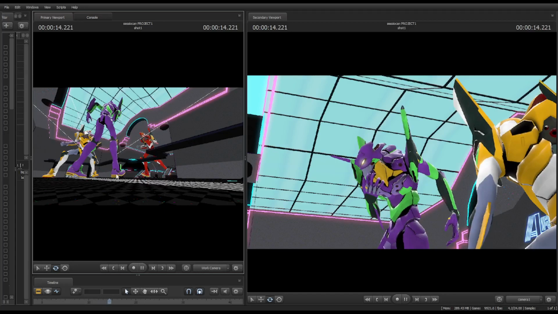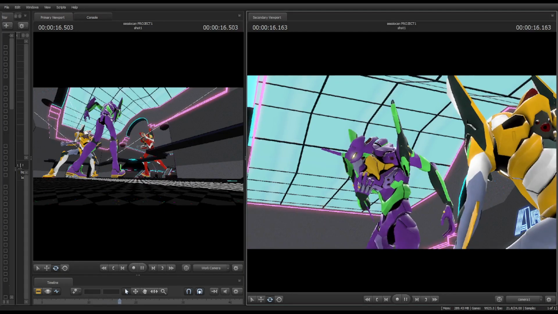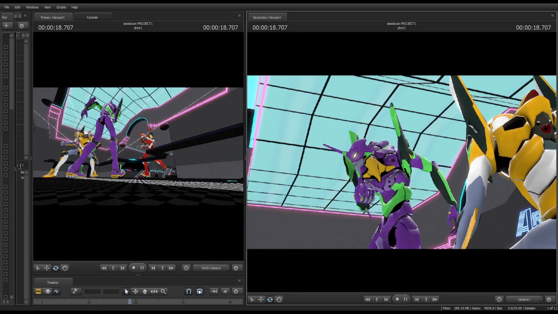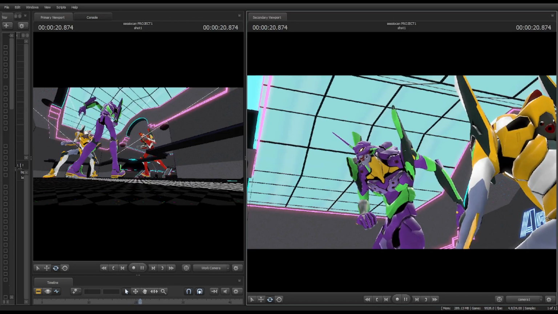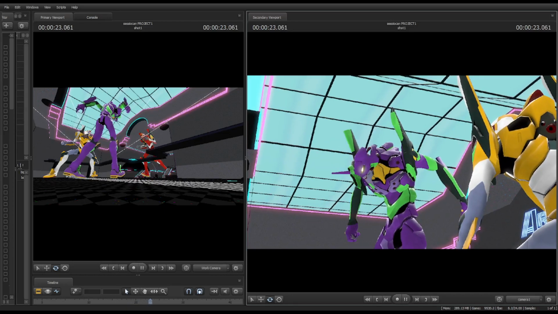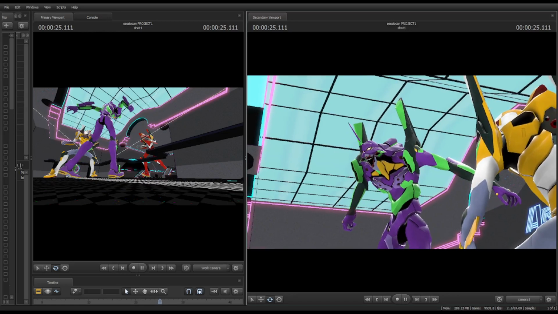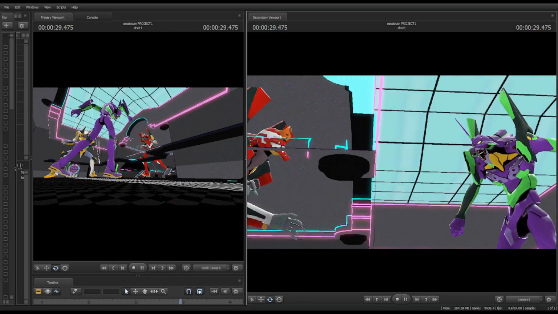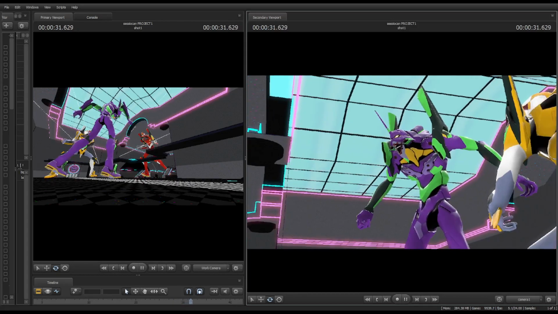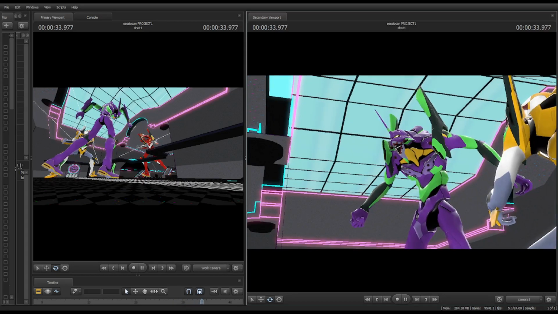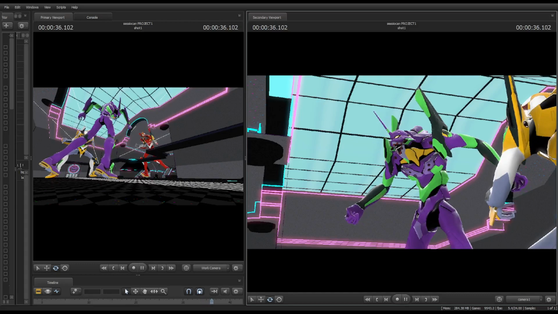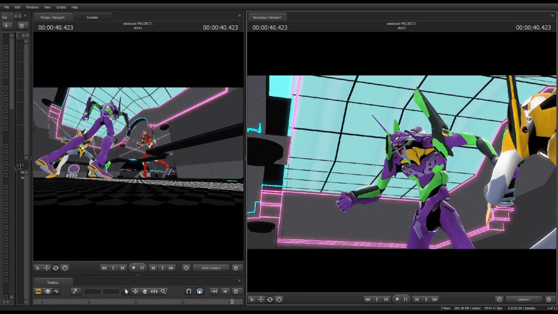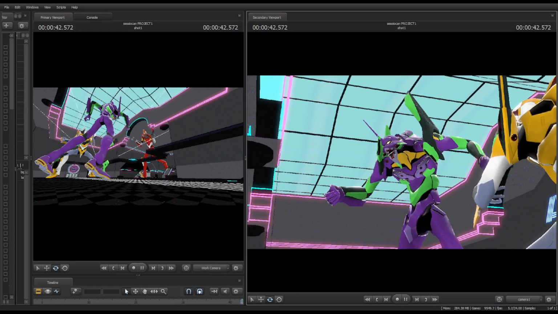So you can see, right here, her feet are not fully planted. Why does it stop?